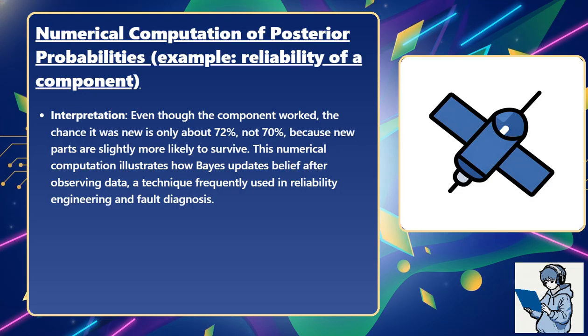Interpretation: even though the component worked, the chance it was new is only about 72%, not 70%, because new parts are slightly more likely to survive. This numerical computation illustrates how Bayes updates belief after observing data, a technique frequently used in reliability engineering and fault diagnosis.